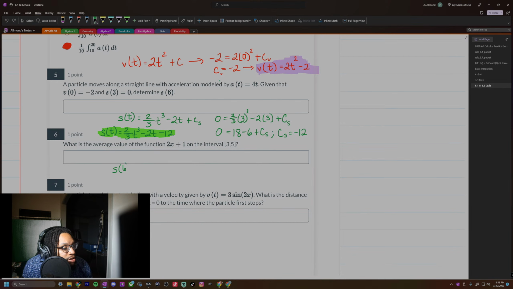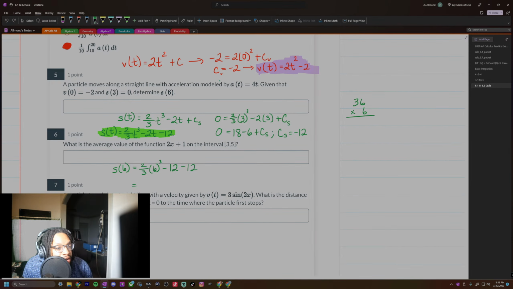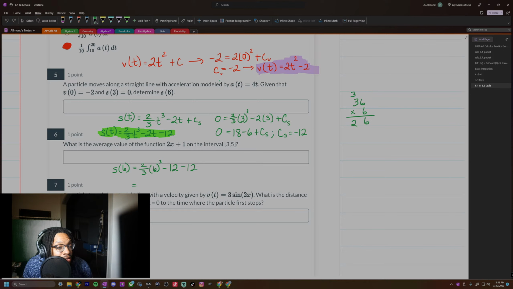I'll just do it down here. S of 6 equals 2/3 times 6 cubed, I don't know what that is, minus 12. All right, 6 times 6 is 36. 36 times 6, I'm going to do that off to the side. 6 times 3 is 18, 19, 20, 21.